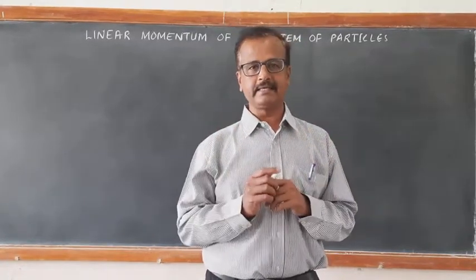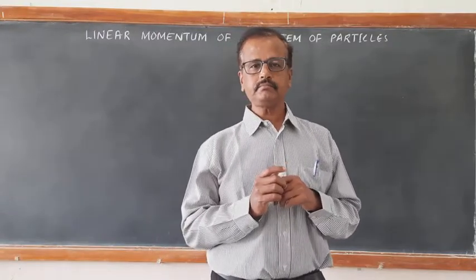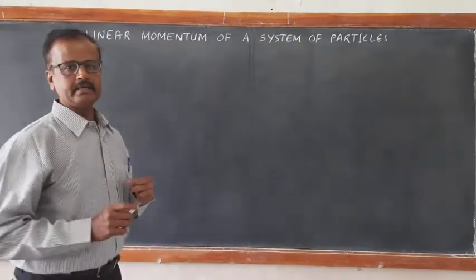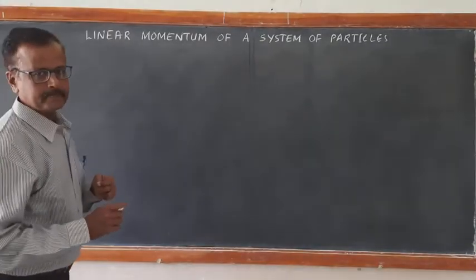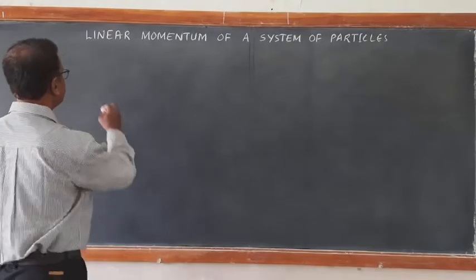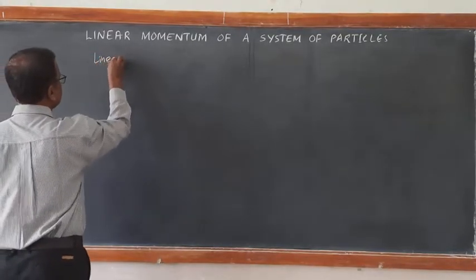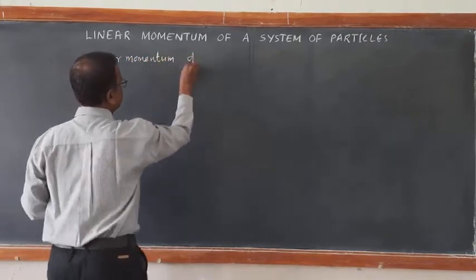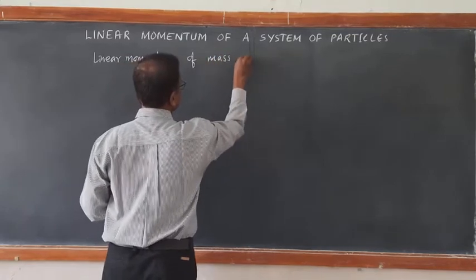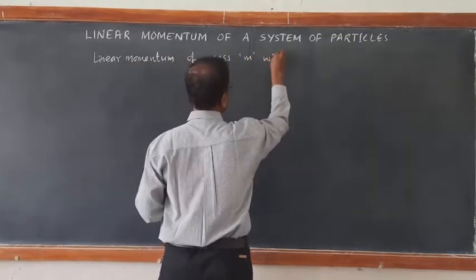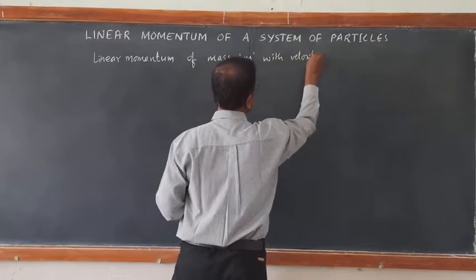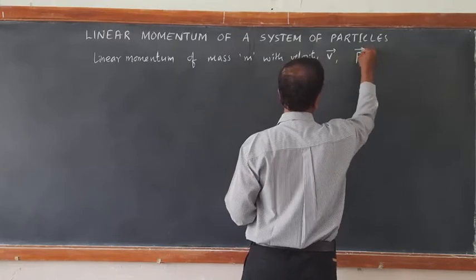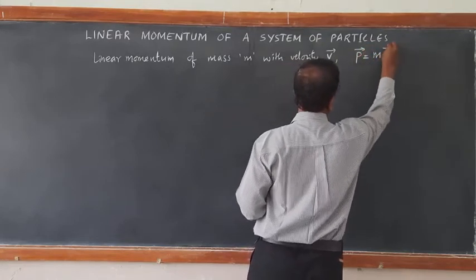We know from previous knowledge that if P is the linear momentum of mass m and v is its velocity, then the linear momentum of mass m with velocity v vector is given by P vector equal to m into v.